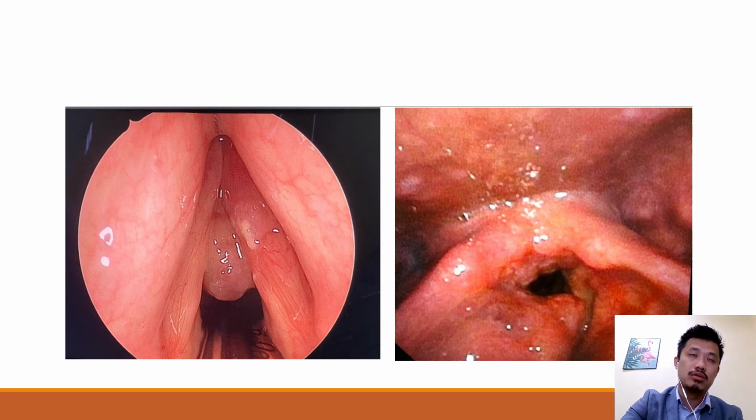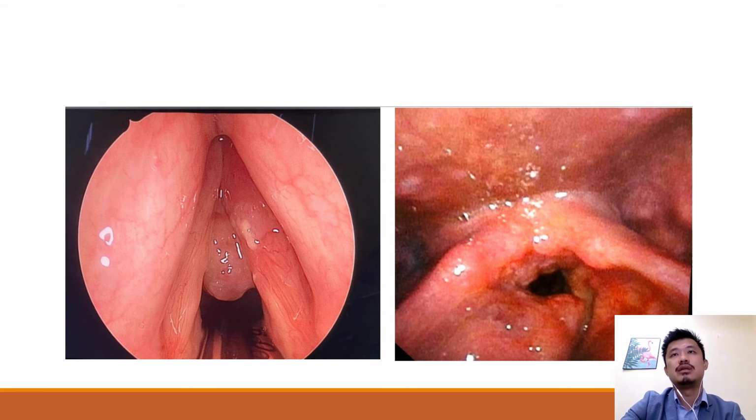This is your glottis, your true cord. We did a biopsy, we removed the mass completely, and unfortunately for the patient, it turned out to be CA larynx stage 1. So this patient was then sent to another tertiary center for further management.